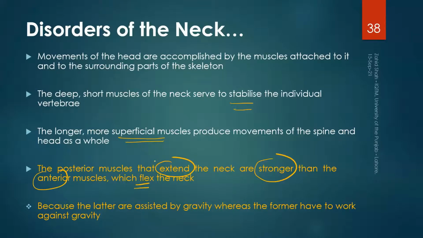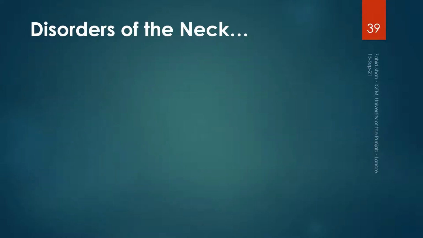The reason is that flexion is a natural, more common movement, that is forward bending of the neck. So the muscles on the front side are relatively weaker compared to the extensor muscles, which move the neck against gravity, in the backward direction. So they need to be stronger. The flexor muscles are assisted by gravity, whereas the extensor muscles have to work against gravity.